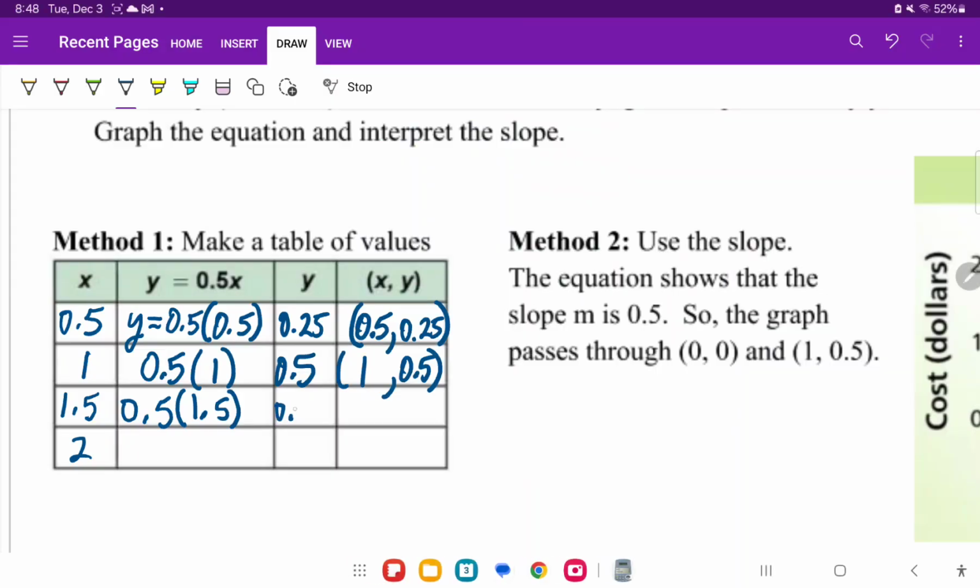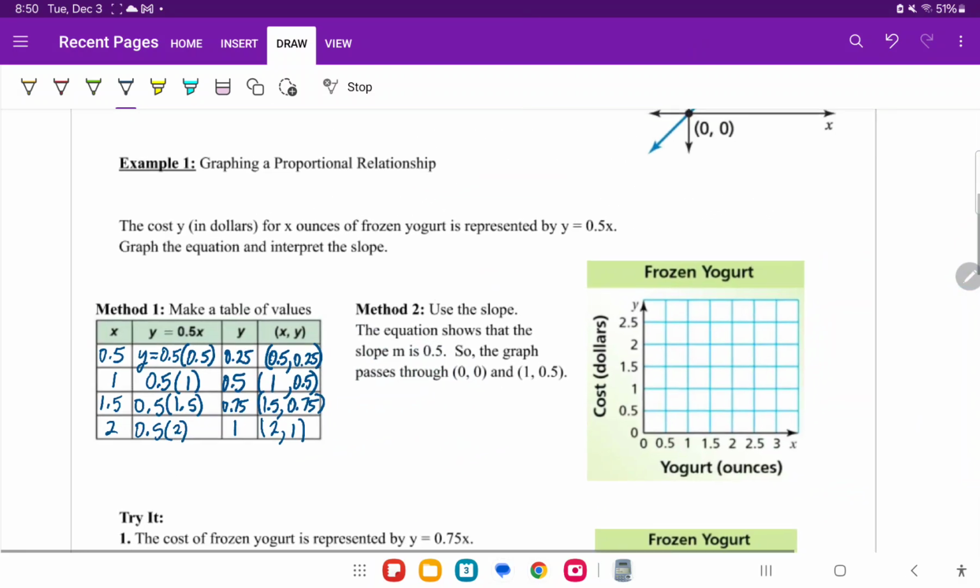So that's going to be 1.5, comma, 0.75. Then the last one is 0.5 times 2, and that's going to give you 1, right? So that's going to be 2, comma, 1. Hooray! Okay, so now let's graph those.